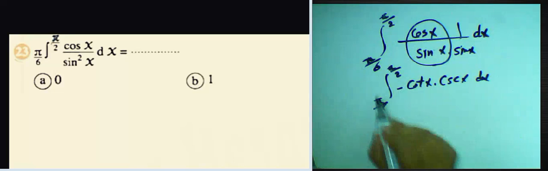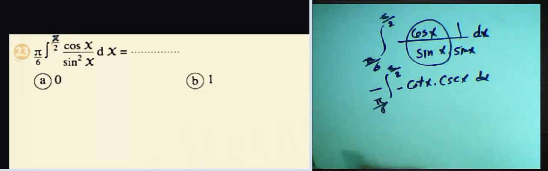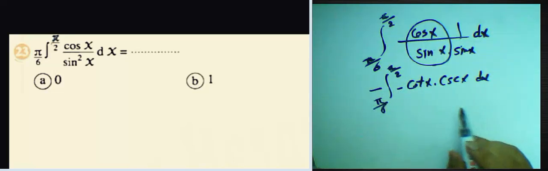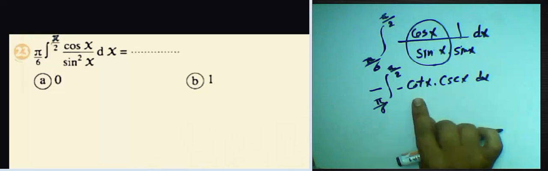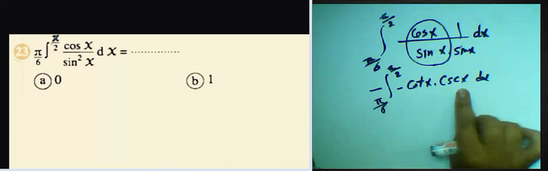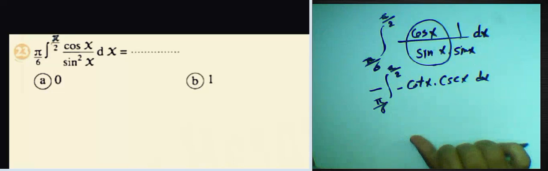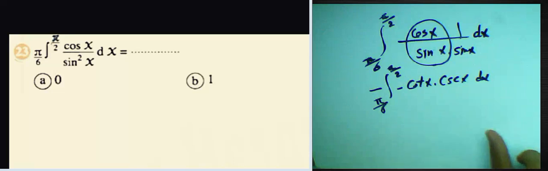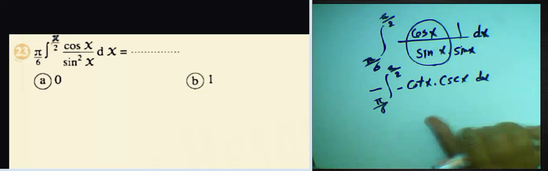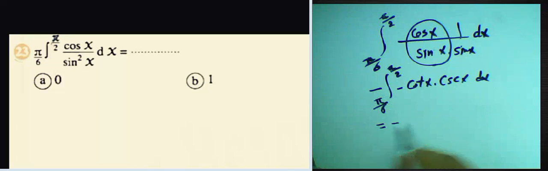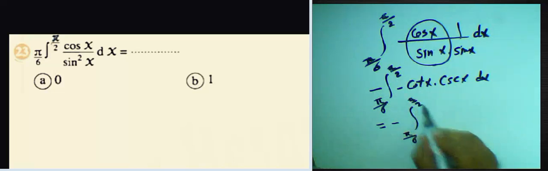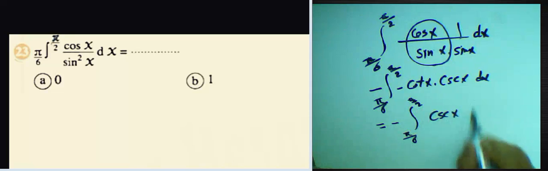We can write negative here and negative outside, because the derivative of cosec is negative cosec cotan. So the integration of negative cosec cotan will be cosec. Write negative, the integral from pi over 6 to pi over 2 of cosec x dx.